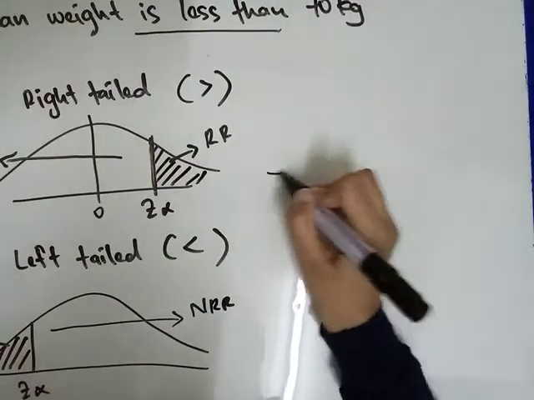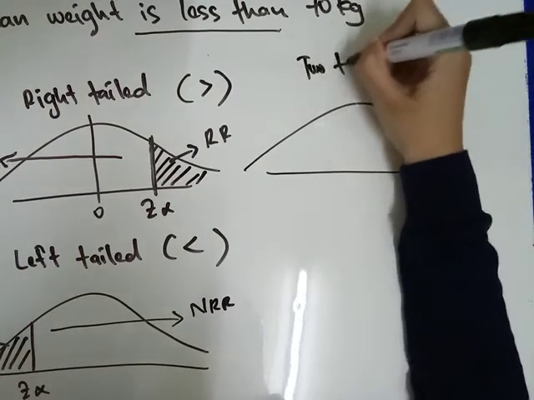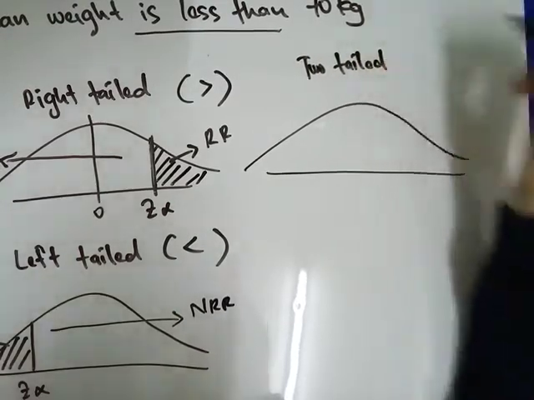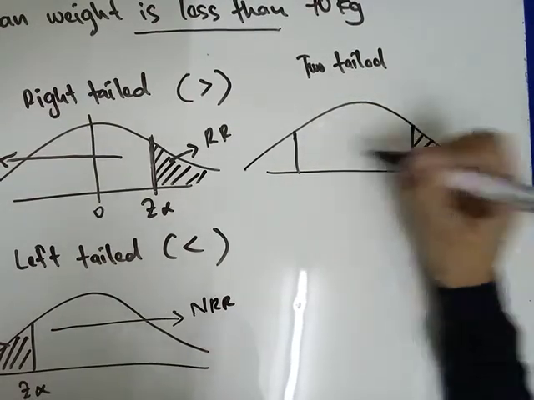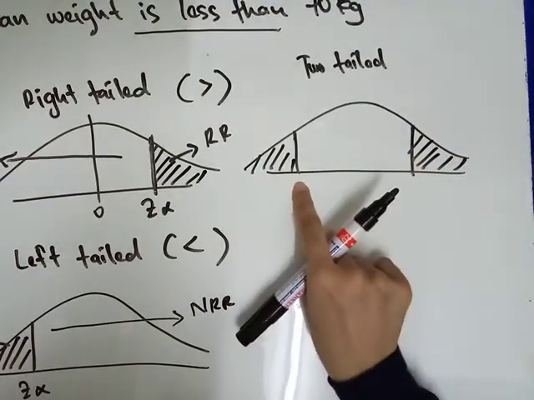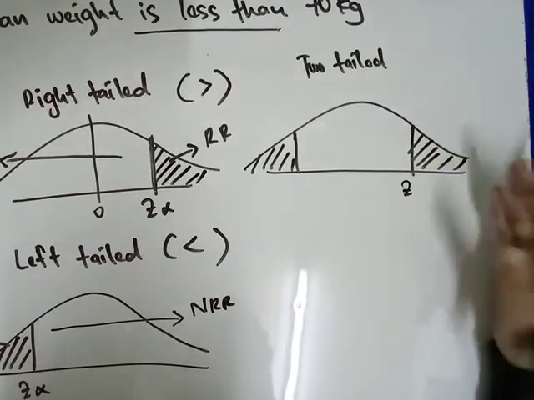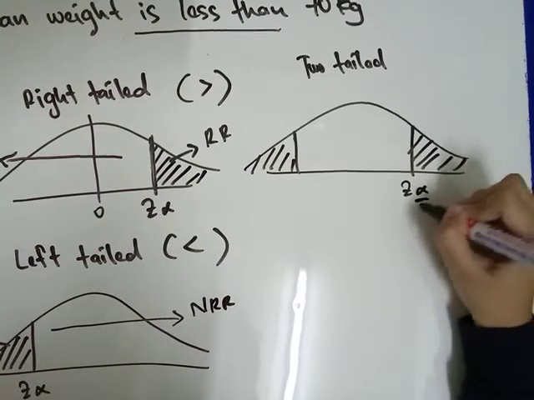Okay, and the last one, two tail. Two tail, that means we need to test two tail of the area, the right side and the left side. So we have two critical value. When we have two critical value, that means we need to divide alpha divide 2.